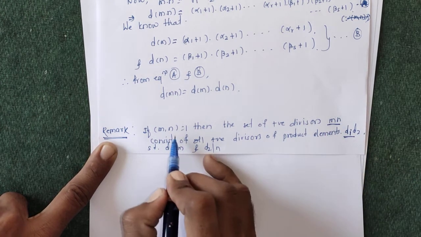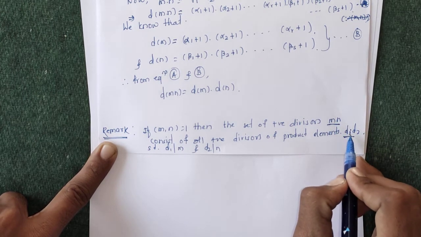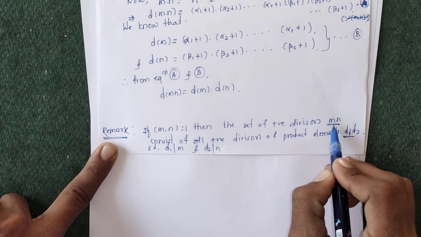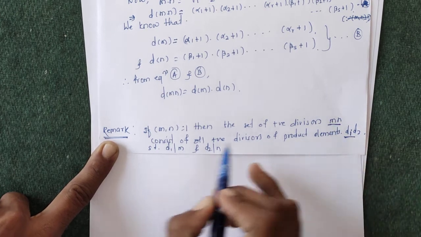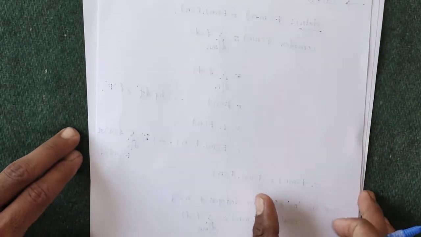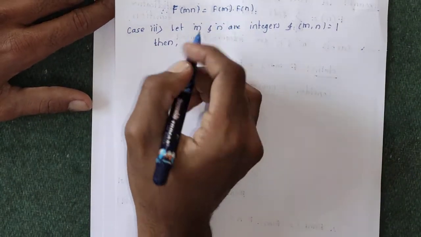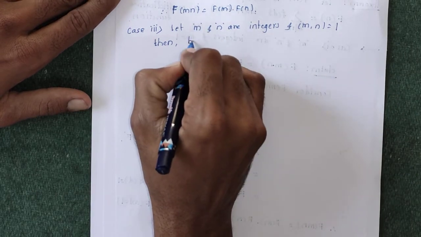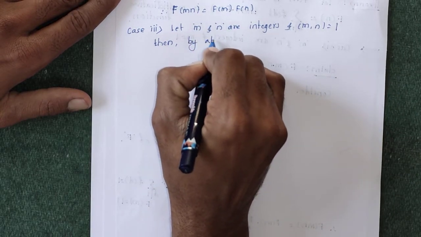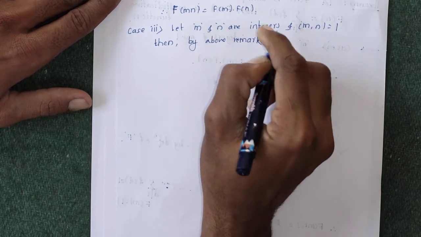So in the third case we have taken the GCD of m and n equal to 1. Therefore, by the above remark, in the examination you have to write the remark.